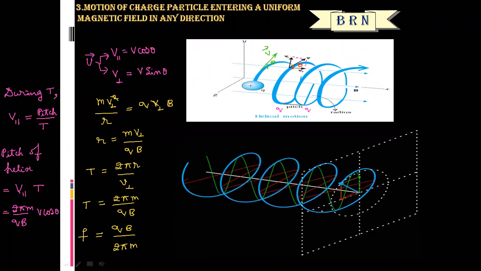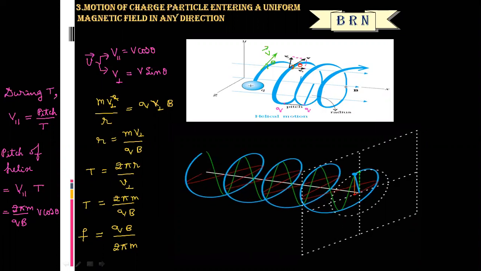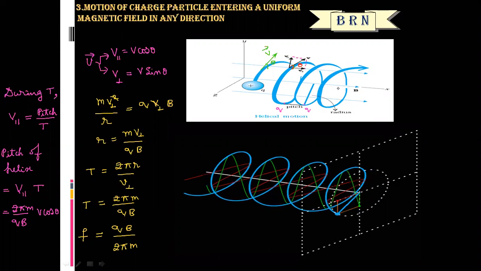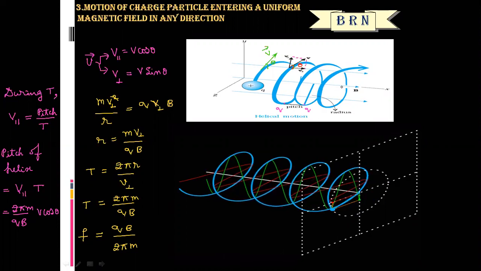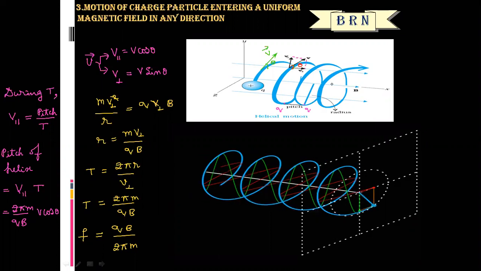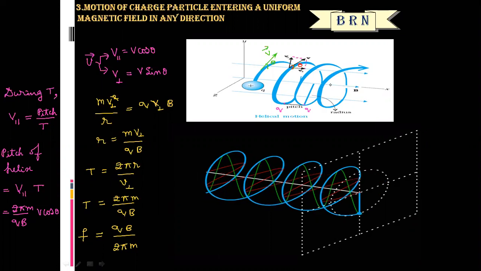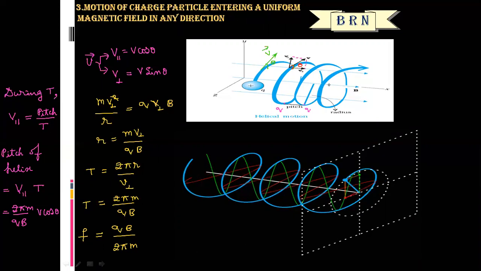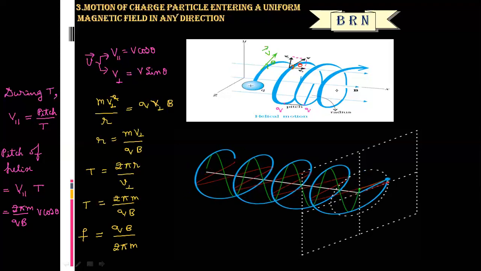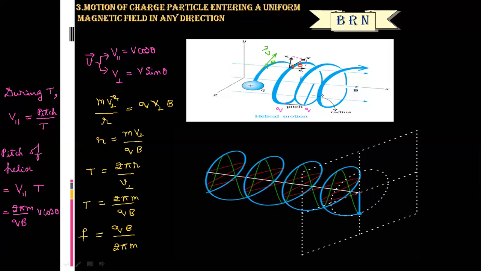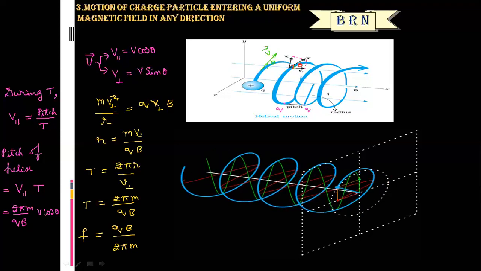When a charged particle enters a uniform magnetic field parallel to the direction of the magnetic field, in that case the nature of trajectory is a straight line. If it enters anti-parallel to the direction of the magnetic field, the nature of trajectory is a straight line. If it enters perpendicular to the direction of the magnetic field, in that case the charged particle describes a circular path.